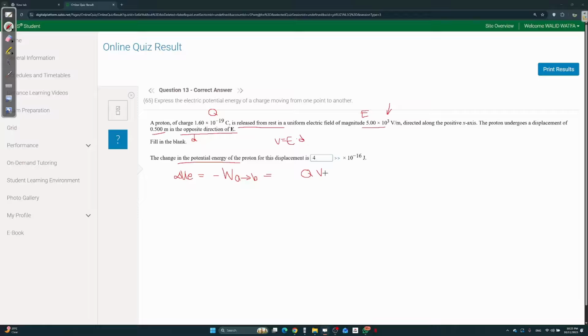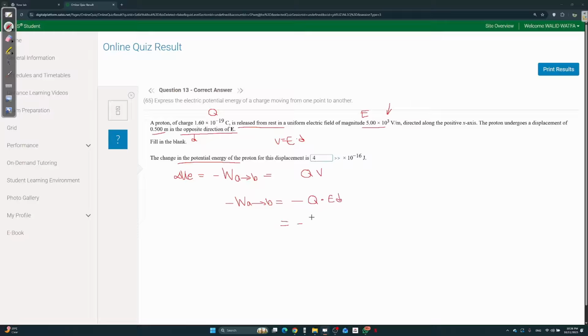So, just like that, we started with one thing, we ended up with another. So, we now need to find negative W done from A to B to find the change in U. Now, negative work done from A to B is just negative Q times V, which I told you is ED.